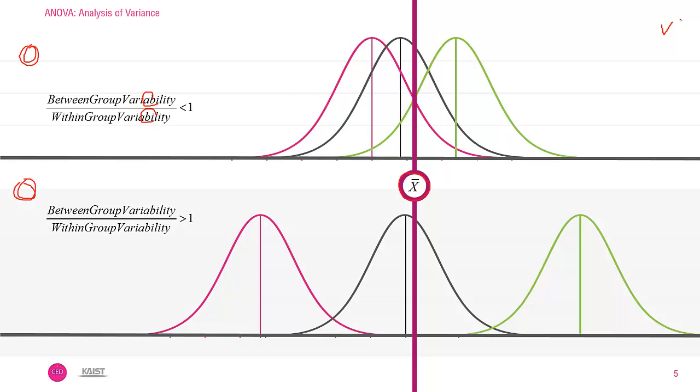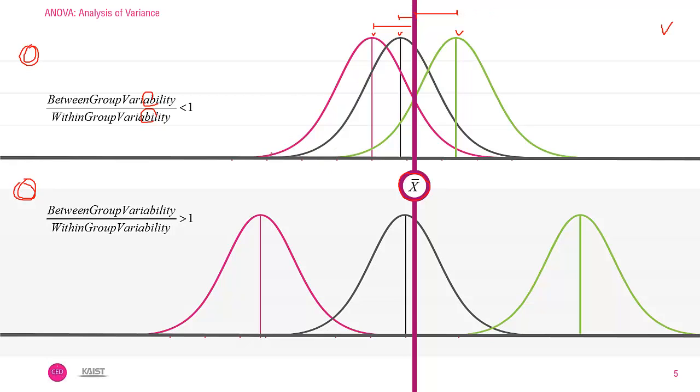The distances between the mean of each data set, so pink mean, gray mean, the distances between these means from the grand mean, so the distance between here and this, is smaller than the distances of each score from their group mean.